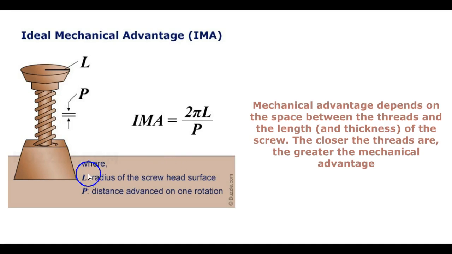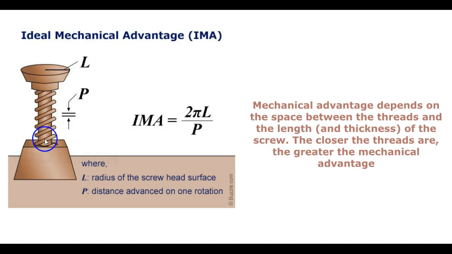So again, L is going to be the radius of the screw head surface. And remember, our radius is from the center out to the edge. And then our distance is going to be our pitch, the distance that's advanced in one rotation.